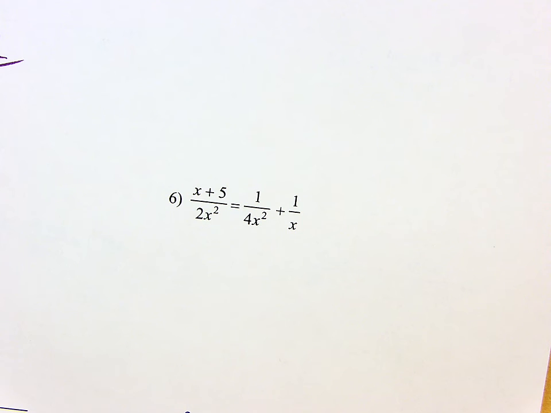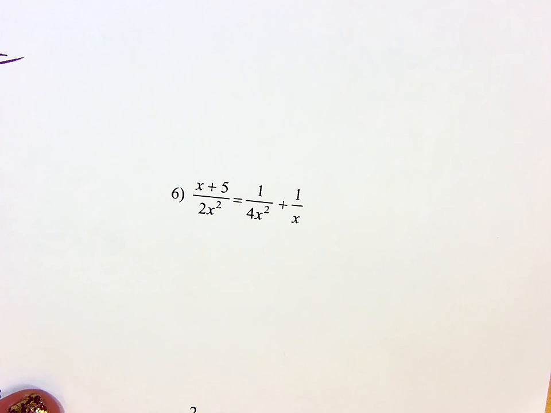Are you guys getting answers for x? Let me hear them. What'd you get? 9 over 2? A couple 9 over 2s? I have no idea what the answer is, so let's see if you're right.